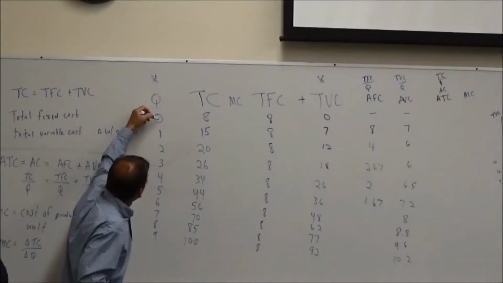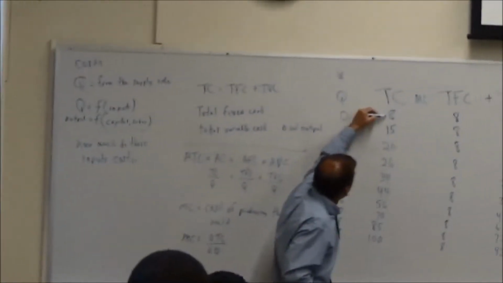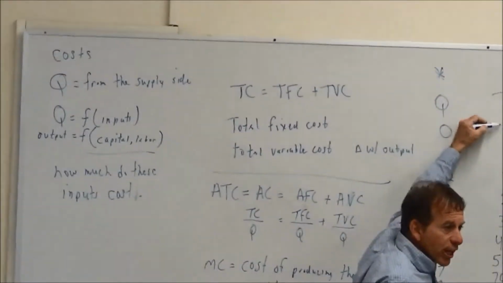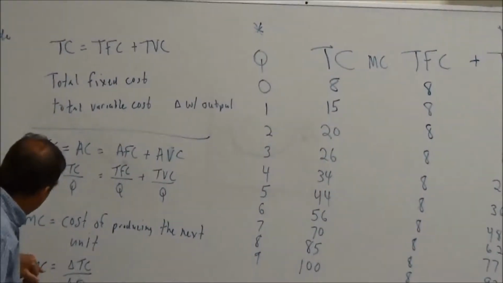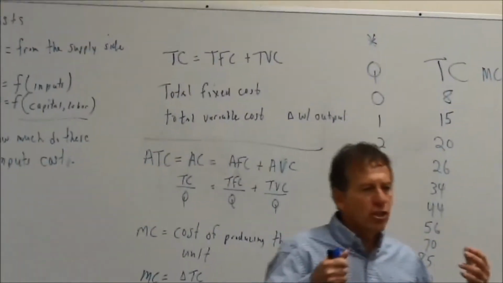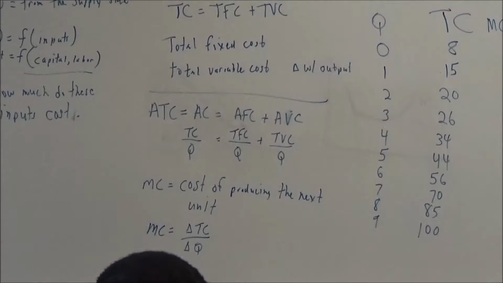So your change in your total cost is how much? Well, it went from 8 to 15. So that is a change of how much? Let's do this one together, okay? We're looking at the marginal cost now. The marginal cost is just your cost difference: how much will it cost to make the next unit.